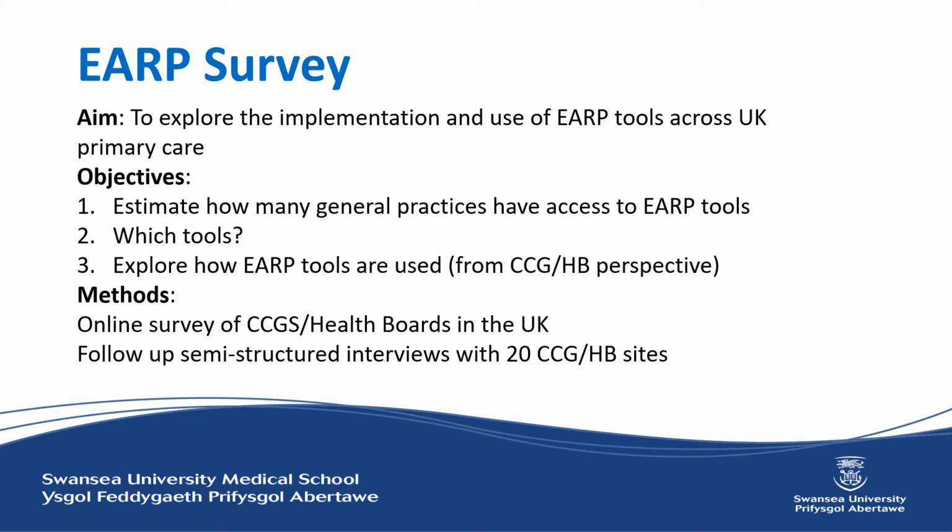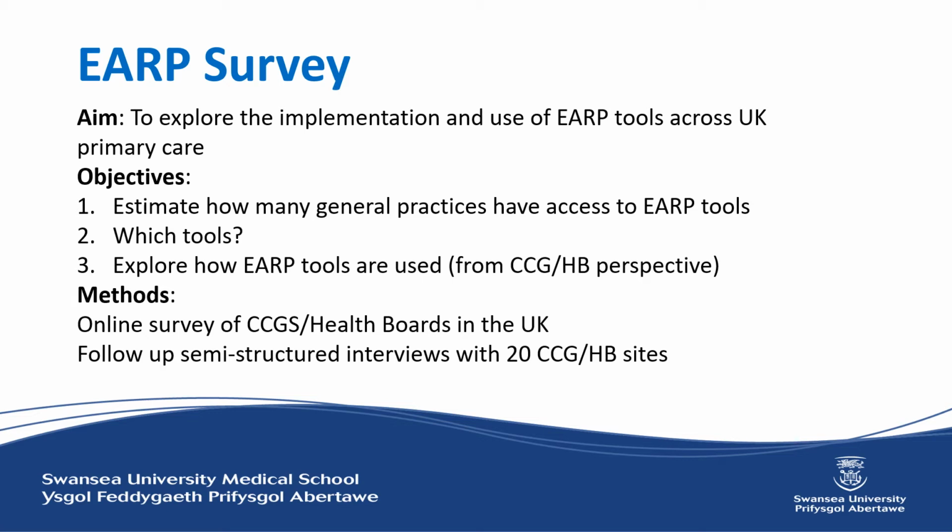So we did a study called EARP, the Emergency Admission Risk Prediction Survey, to explore the implementation and use of these tools across primary care in the United Kingdom. So we wanted to find out roughly how many general practices did have access to these tools, not necessarily how much they were using them, but whether they were available within the practice. We wanted to find out which tools they were and to look at how they were being used.